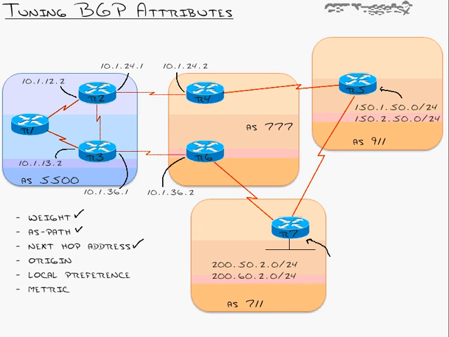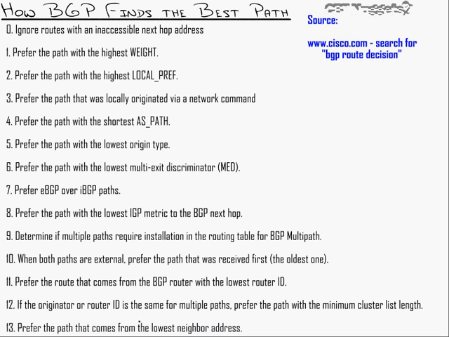And if you think back to the list, you can see that if the AS path is tied, it will say right there, prefer the path with the lowest origin type, where I is better than, let's see, less than greater. I is greater than E, which we'll talk about in a moment, and that's greater than question mark.